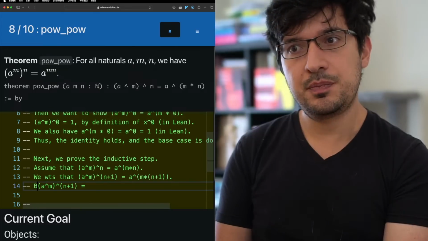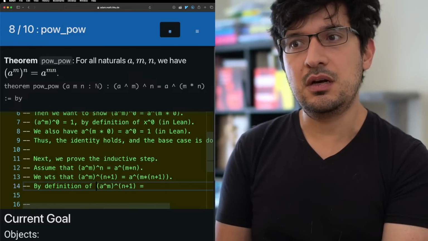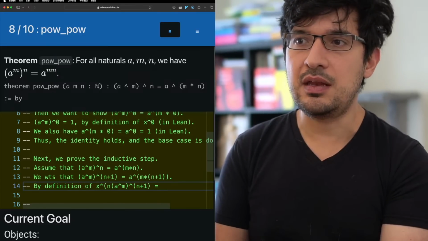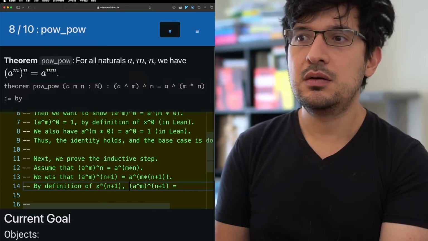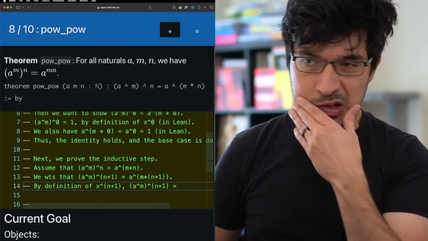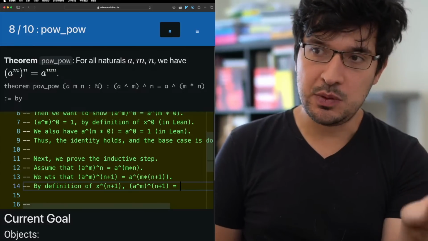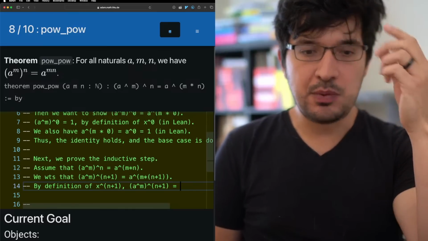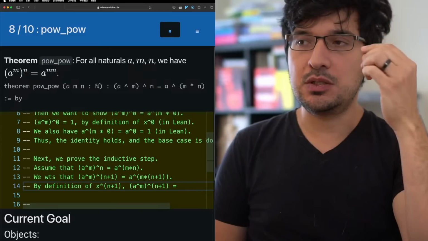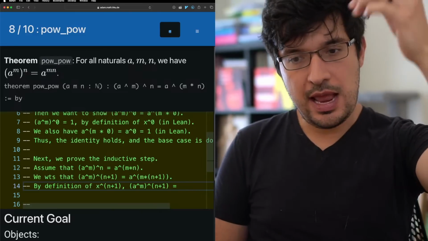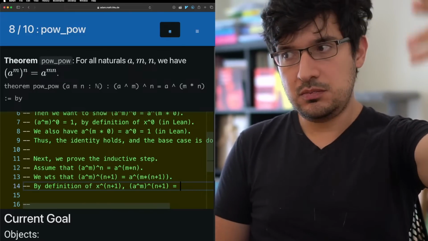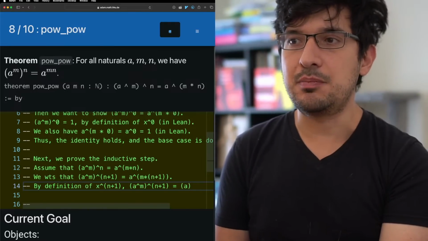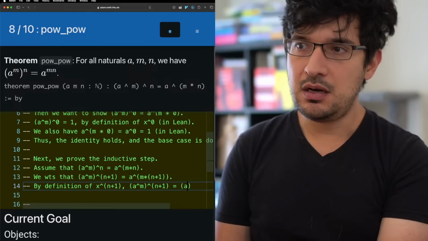Let's see. By definition of x raised to the n plus 1. So in Peano arithmetic, we define raising a number to 0, and we define raising a number to n plus 1, so the next number after n.